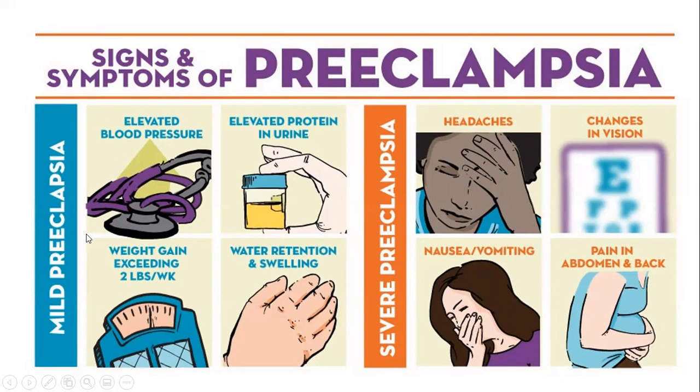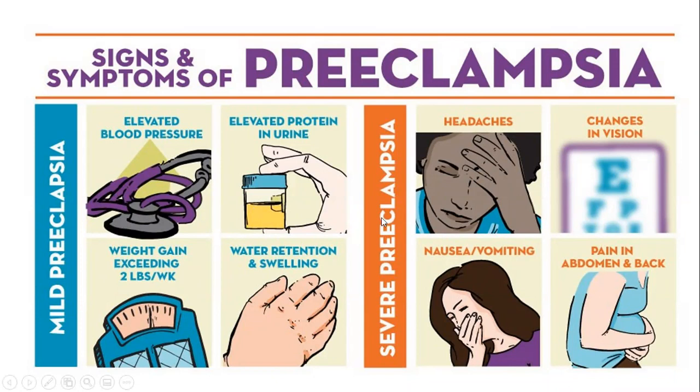In case of mild pre-eclampsia, we can see elevated blood pressure and elevated protein in the urine, and also weight gain, water retention, and swelling. You see the picture of swelling, and here it shows the urine mixed with protein.